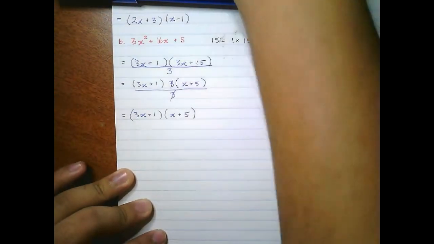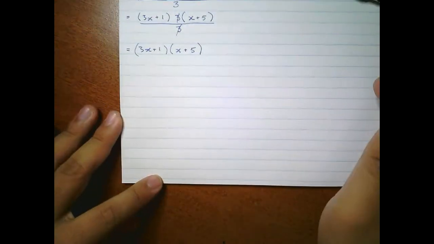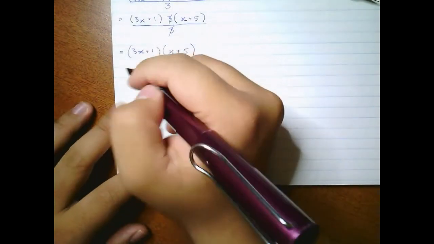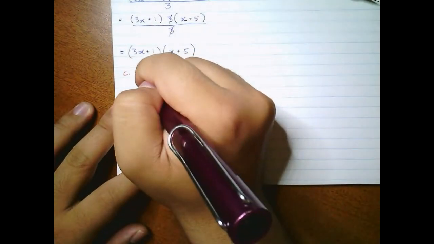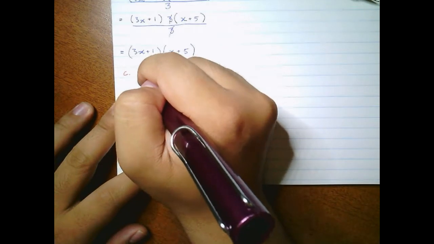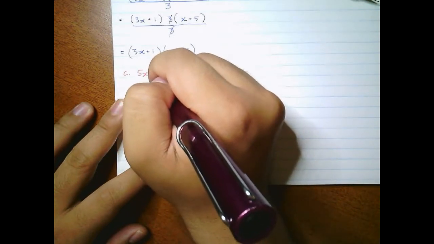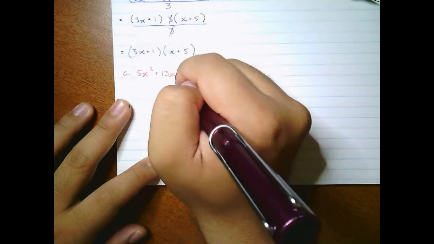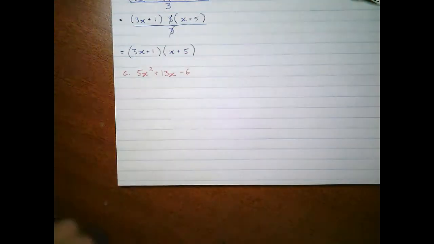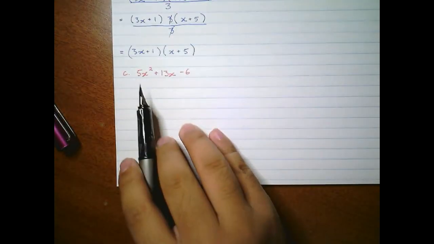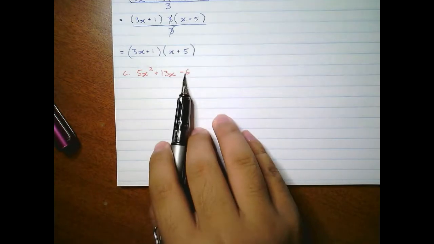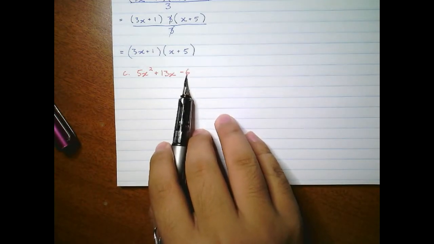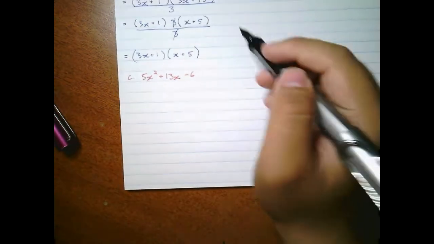So let's go with question C, which is going to be 5x squared plus 13x minus 6. Once again, we want factors of 5 times 6, so we want factors of 30.